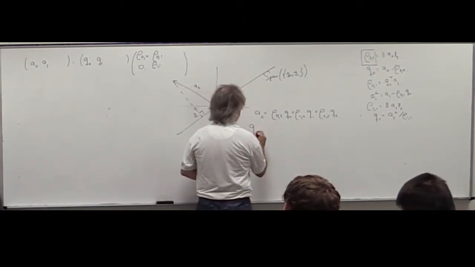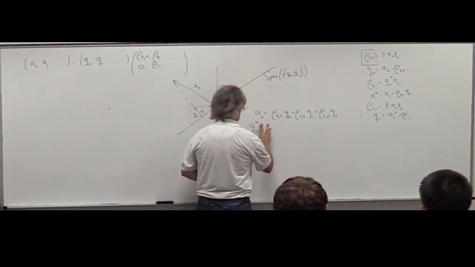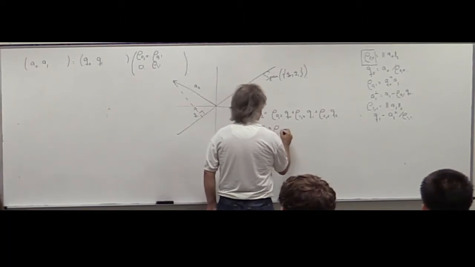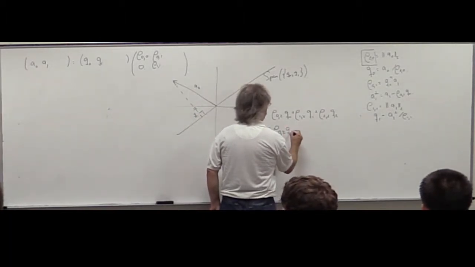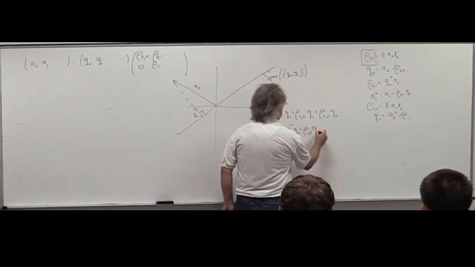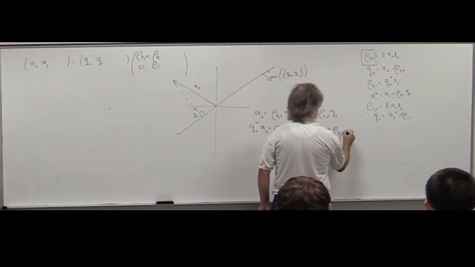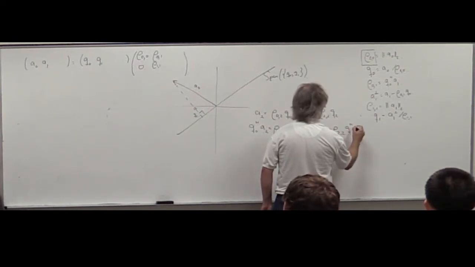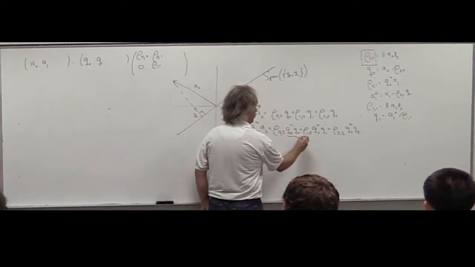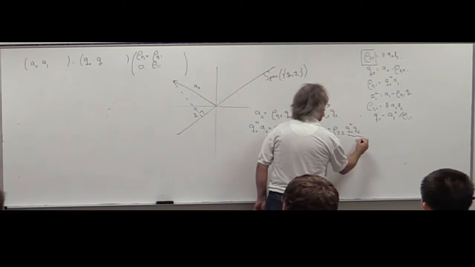Well, we can look at Q0 Hermitian A2. That's equal to rho 0,2 Q0 Hermitian Q0 plus rho 1,2 Q0 Hermitian Q1 plus rho 2,2 Q0 Hermitian Q2. This is equal to 1. This is equal to 0. This is equal to 0 by design.